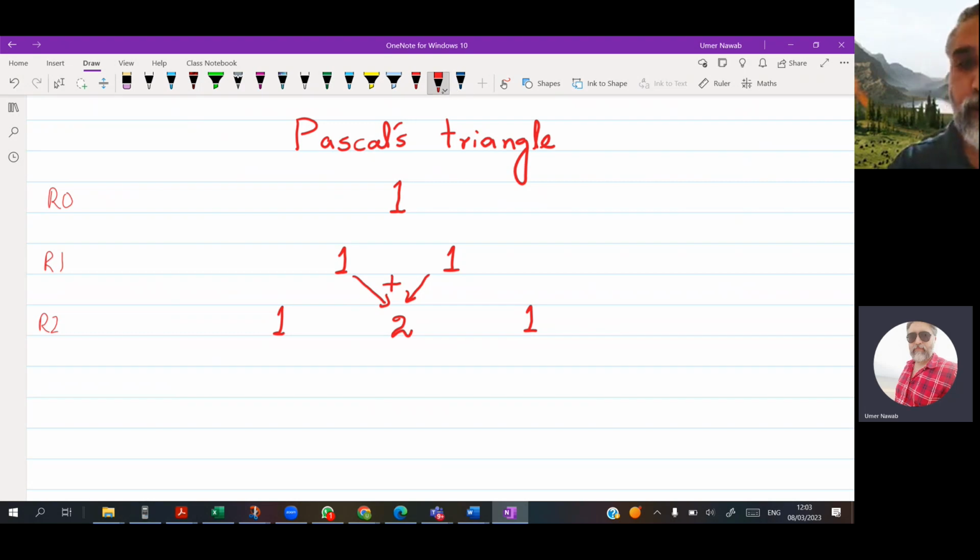Now let's go with the row number 3. As per previous rule, I copied 1 in the beginning and 1 at the end. Now I need to write a number right in the middle of the top row, 1 plus 2, which is 3.